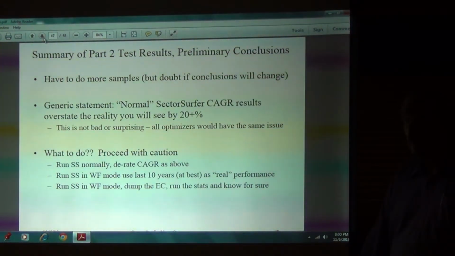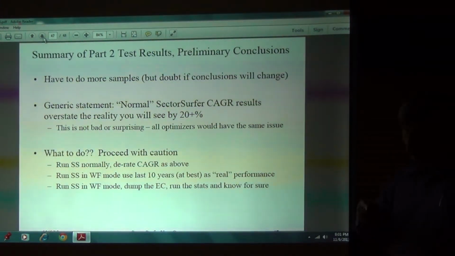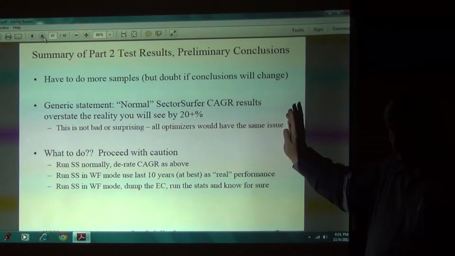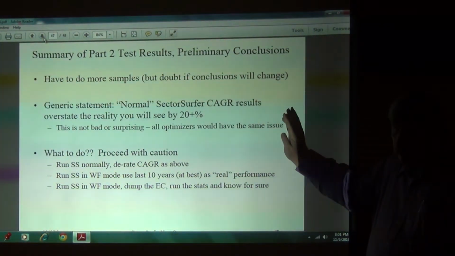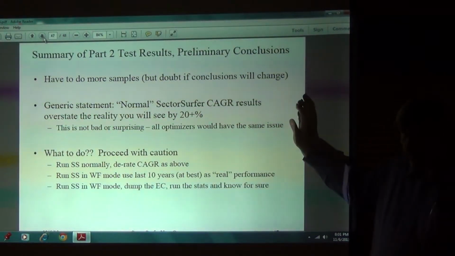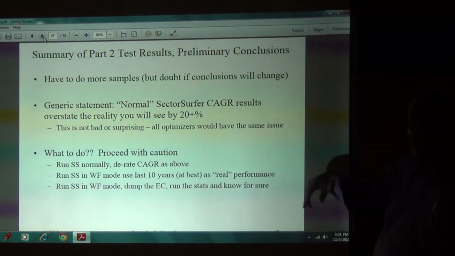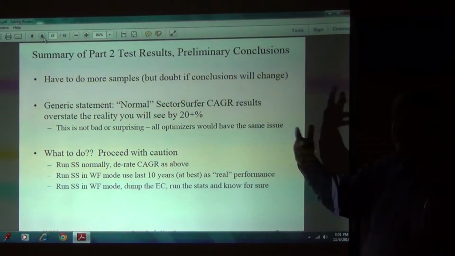Well, with respect to the tool, my opinion is the tool really doesn't tell you that, because as someone asked earlier, when you're at the right-hand edges of that chart, unless you force them to be different, you're going to end up with the same set of SectorSurfer parameters. So it doesn't help you in that sense.